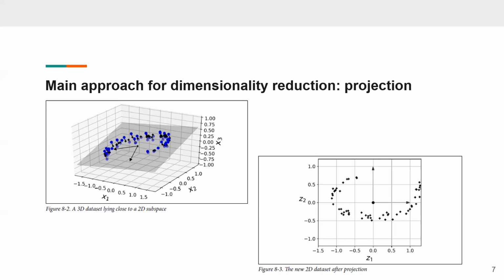In a two-dimensional space, it is represented as new axes z1 versus z2 with all the projected points.